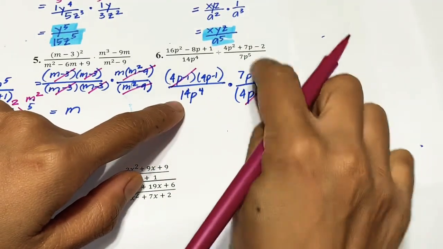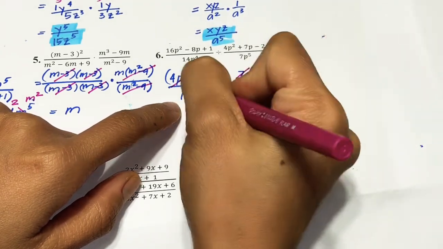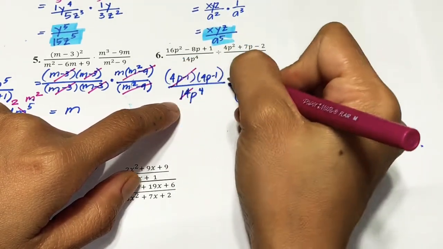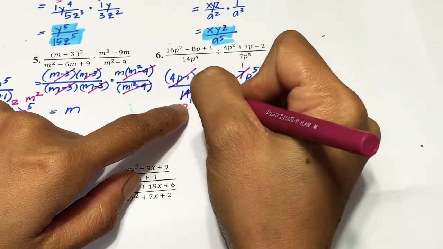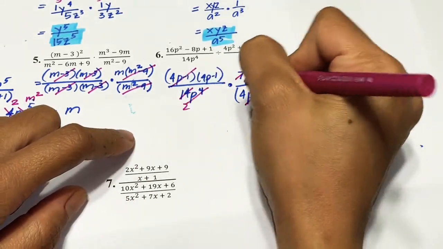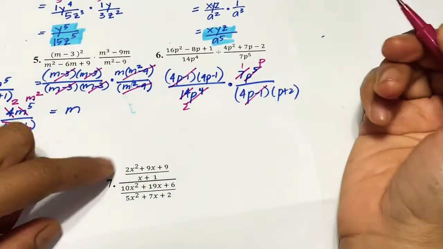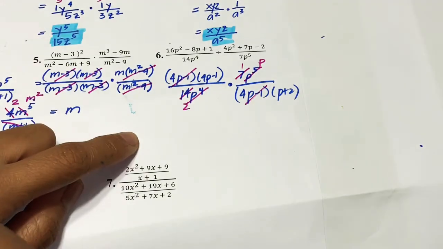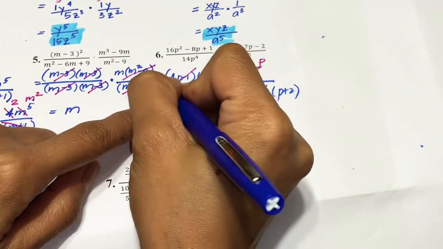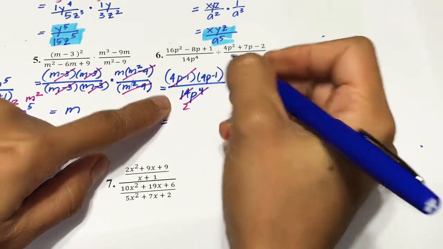These are monomials, so this you can. Monomials, you can just reduce it. That's 7 over 14, which is 1/2. P to the 4th, p to the 5th, so you have 1p in the numerator left. So what's left in the numerator is 4p.